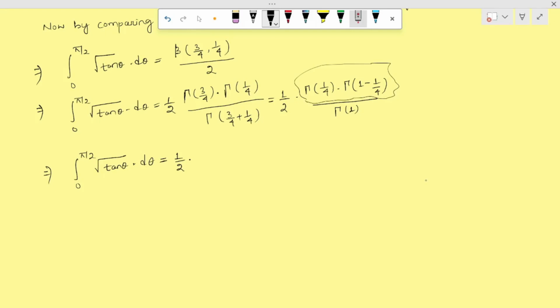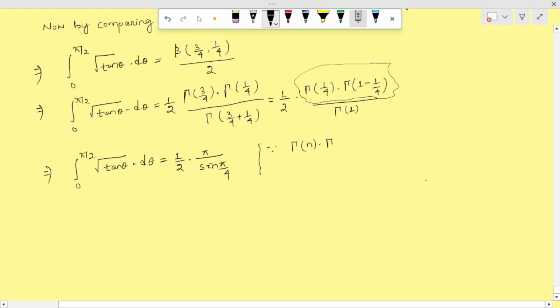So I will write its value first. Gamma 1/4 into gamma 1 minus 1/4 will be equal to pi by sine pi/4. Why? Because we know that gamma n into gamma 1 minus n is equal to pi by sine n pi. So here n is 1/4, so pi by sine n pi, n means 1/4 into pi, so pi/4.